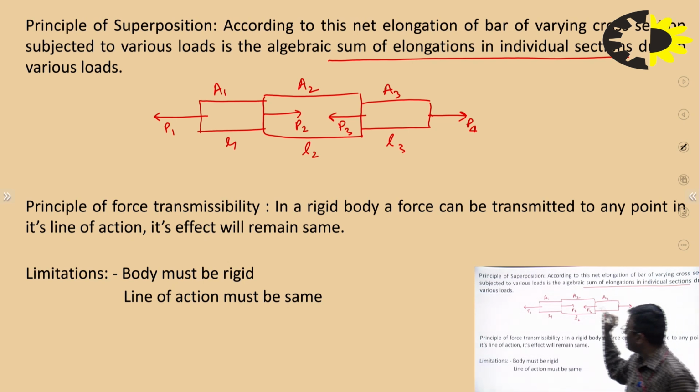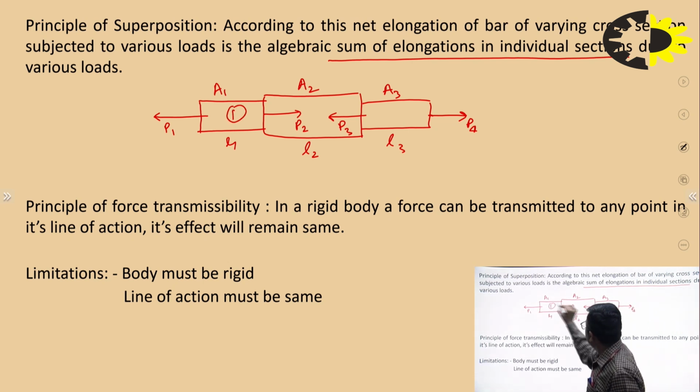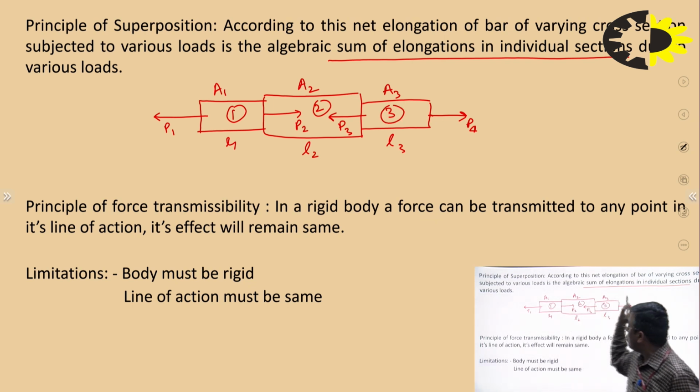Individual sections means this is section 1, this is section 2, this is section 3. So elongation in section 1, elongation in section 2, elongation in section 3, because of P1, P2, P3, P4.